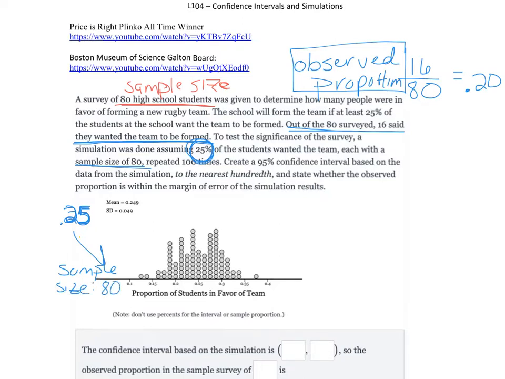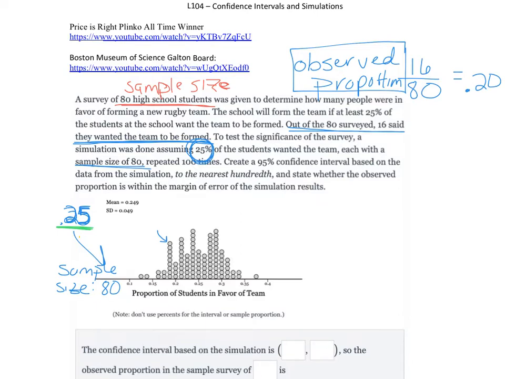Okay, each of these little dots represents one sample of 80. So even though the actual proportion of this whole population that we're simulating this based on is 0.25, I don't get 0.25 every single time. I get values around it.